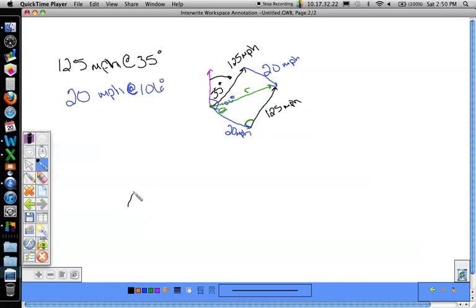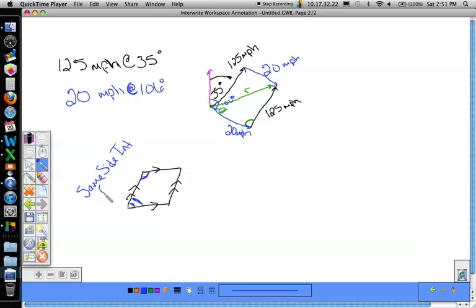In a parallelogram, and I'm going to draw just a quick parallelogram out here, we know that the opposite sides are parallel. So these two sides are parallel, and these two sides are parallel. We know that these two angles, I'm going to mark them in blue, this blue angle and this blue angle, are same side interior angles.